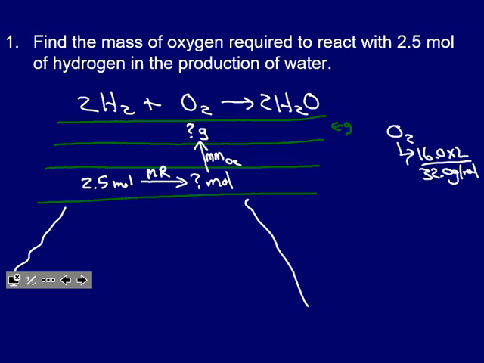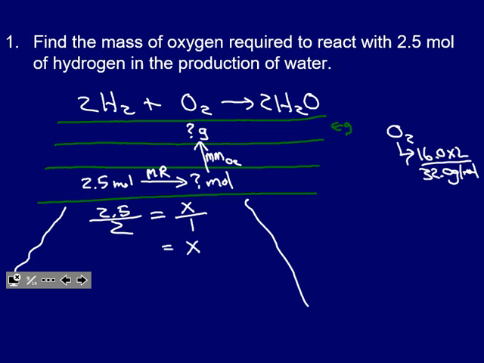Just like yesterday, 2.5 moles represents the 2, so I put the coefficient underneath. Equal to X moles, that's my question mark, represents the 1. I can bring that 1 to the other side. The math isn't that exciting. It's 1 times 2.5 divided by 2.